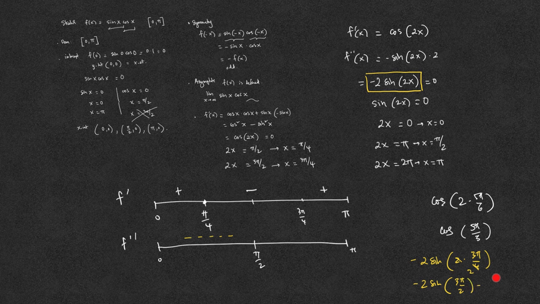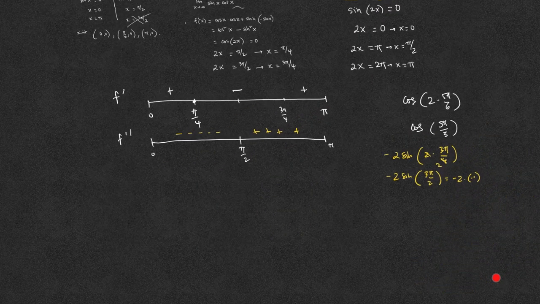But sine of 3 pi over 2 is negative 1, and negative 2 times negative 1 is positive. So the function is concave down from 0 to pi over 2, and concave up from pi over 2 to pi. With this and the x-intercepts at 0, at pi over 2, and at pi, we now sketch the graph of f.